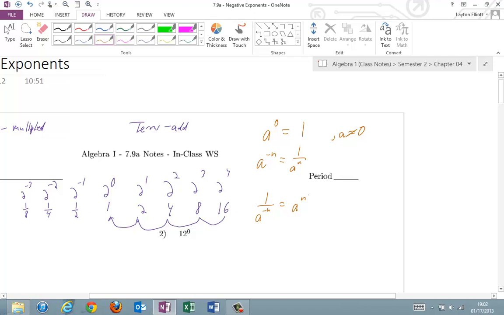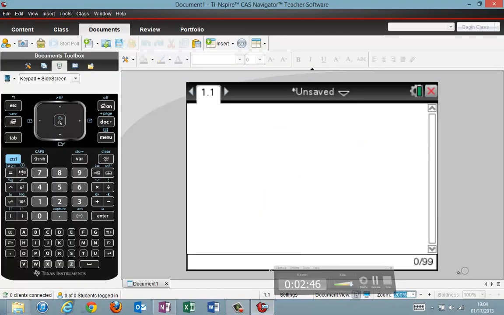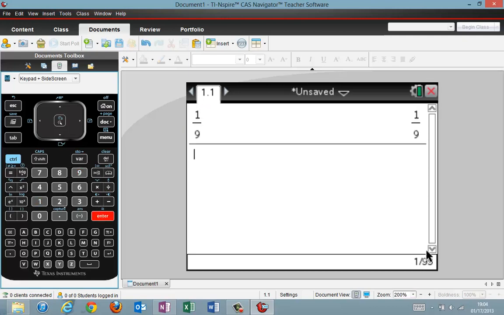If we look at calculators, and this is an important one to do, take a minute, really, pull out your calculator. If I type something in like 1 divided by 9 and press enter, it's going to give me 1/9. I think yours does too.